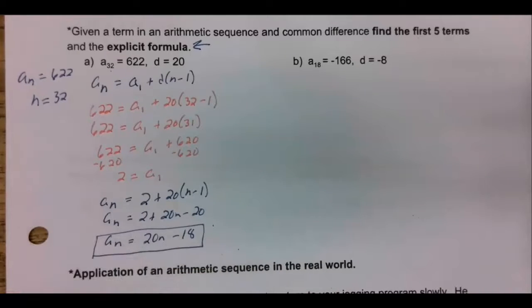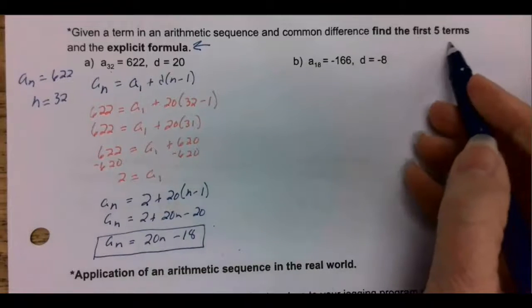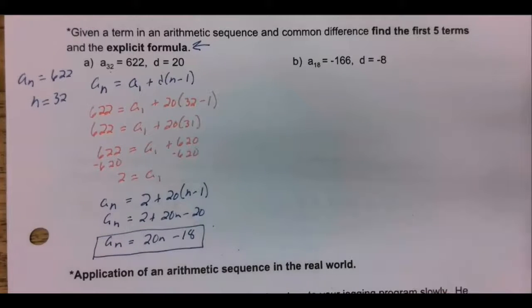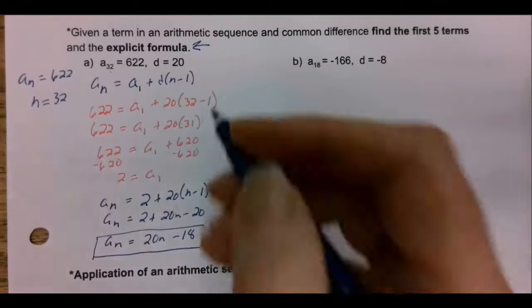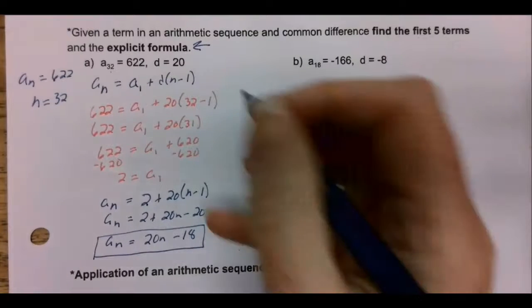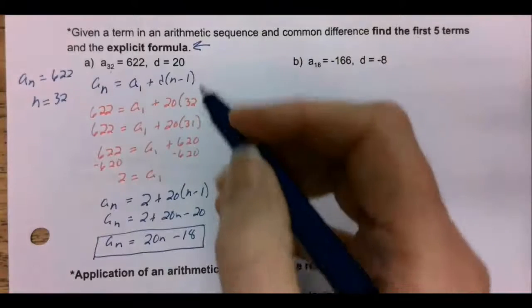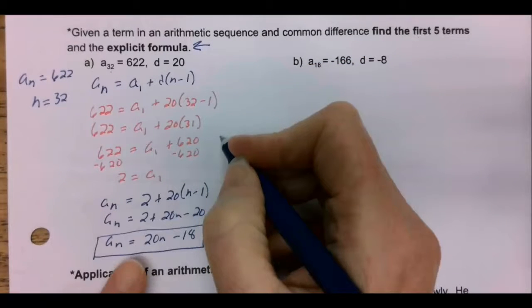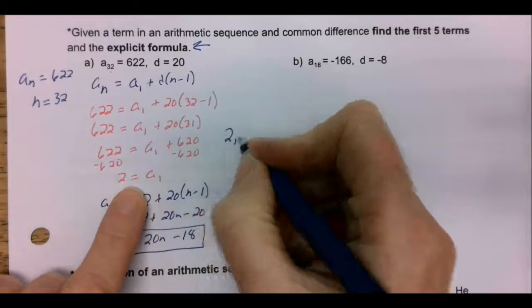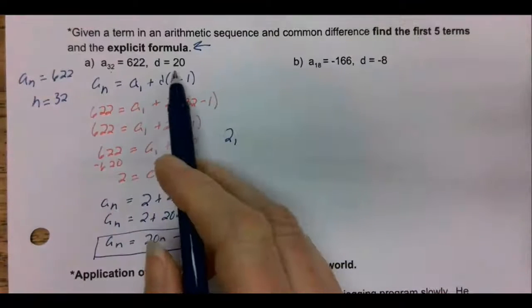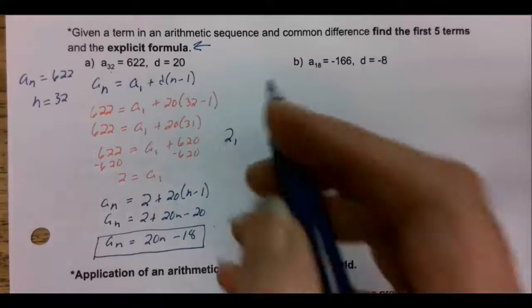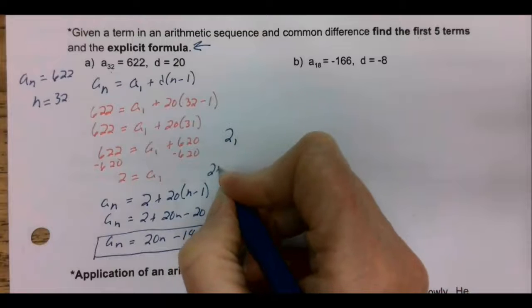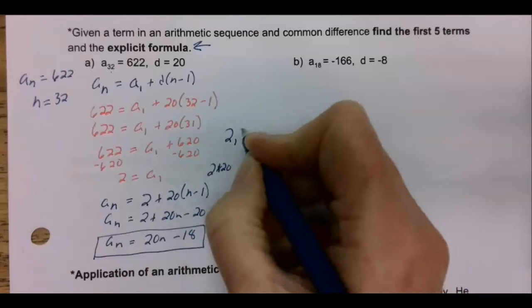Now we have to find the first 5 terms. I'm going to do it just kind of an old-fashioned way, I'm just going to write it out. Now I'm kind of out of space, but that's okay. My first term is 2. Notice that every single time I'm going to add 20. So I'm going to take 2 plus 20 gives me 22.